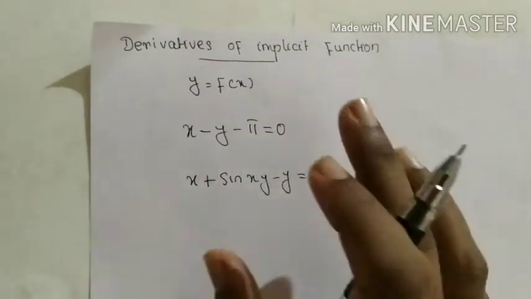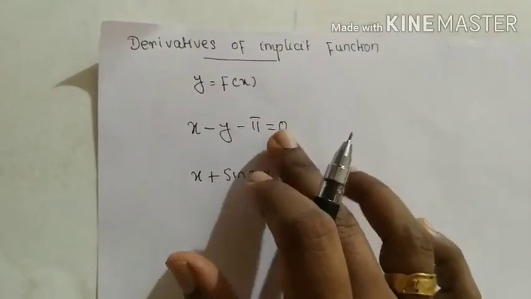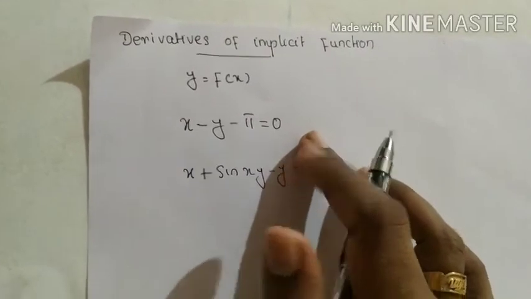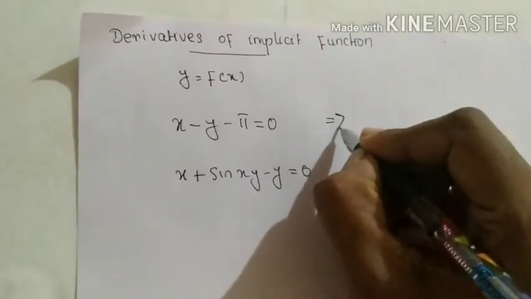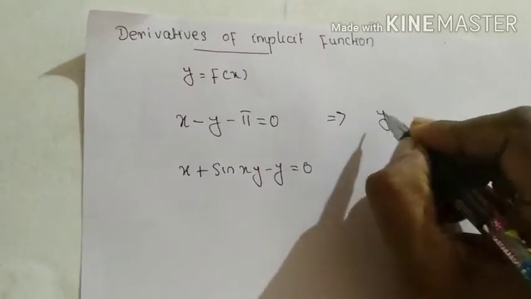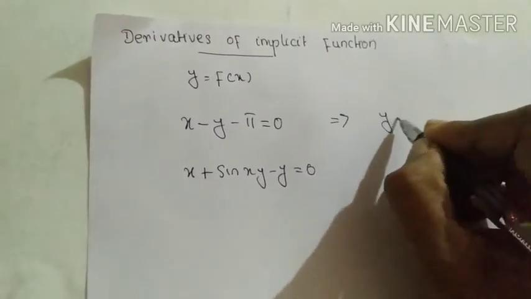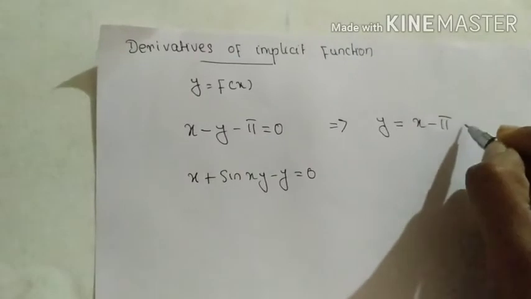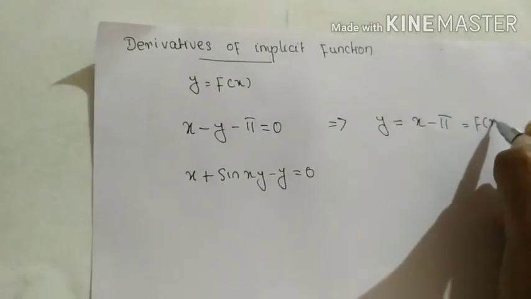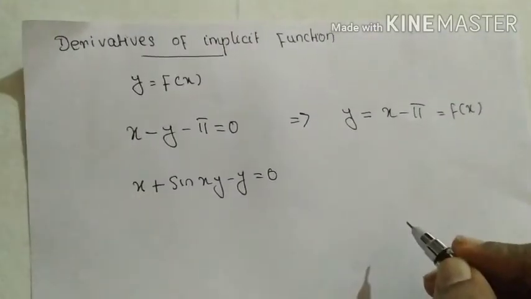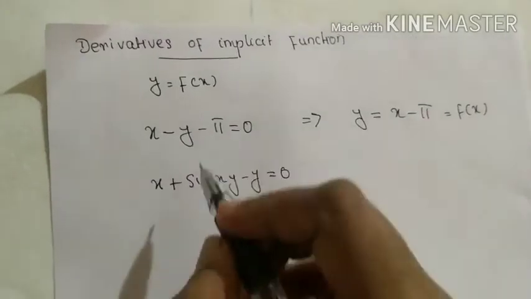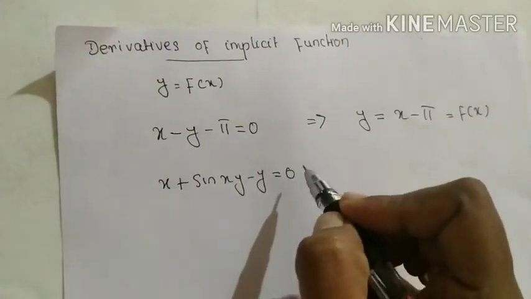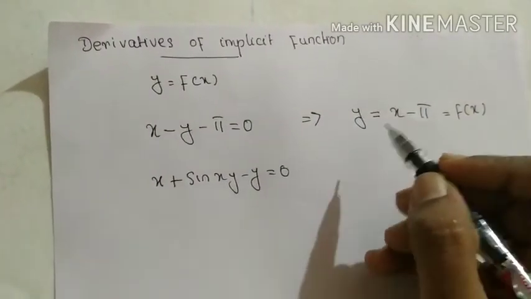In the first case, we can solve for y. That is, rewrite the relationship as y equal to x minus pi. That is, it's a function of x, so we can write it as f of x. In the second case, it does not seem that there is an easy way to solve for y.